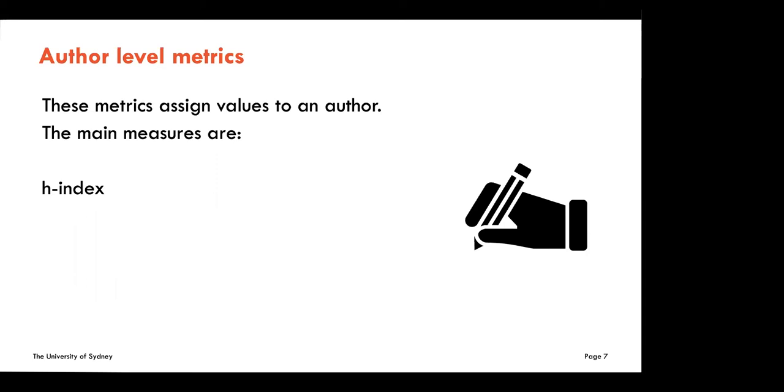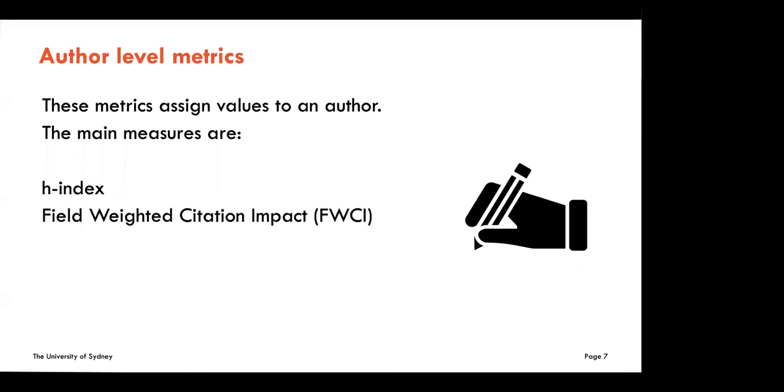Google Scholar will give you one that's about 10 times higher than what you'll get with Scopus or Web of Science. Scopus is a bigger database than Web of Science, so depending on your subject area, you may have an H-index score of 1 or 2 higher than what you get in Web of Science.